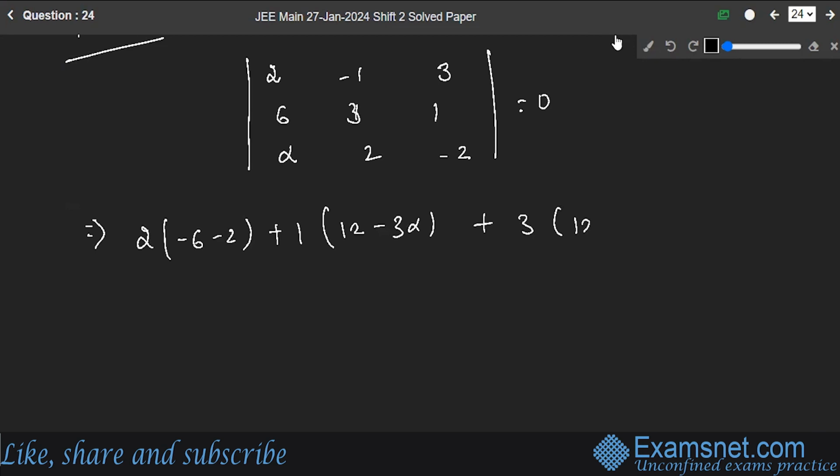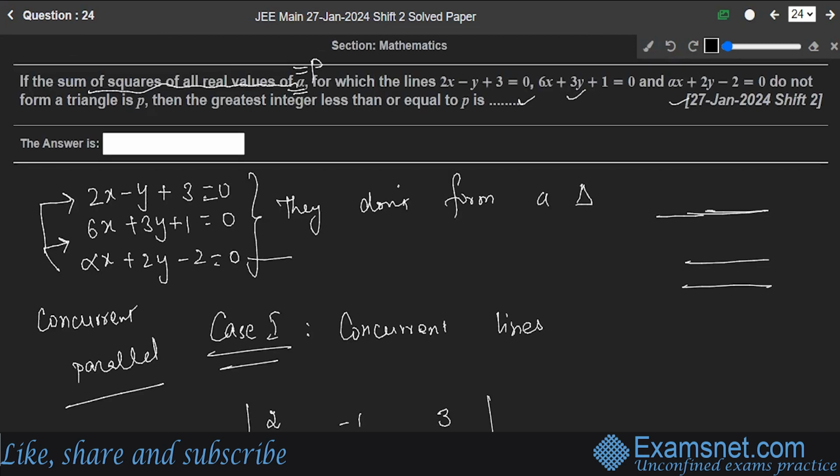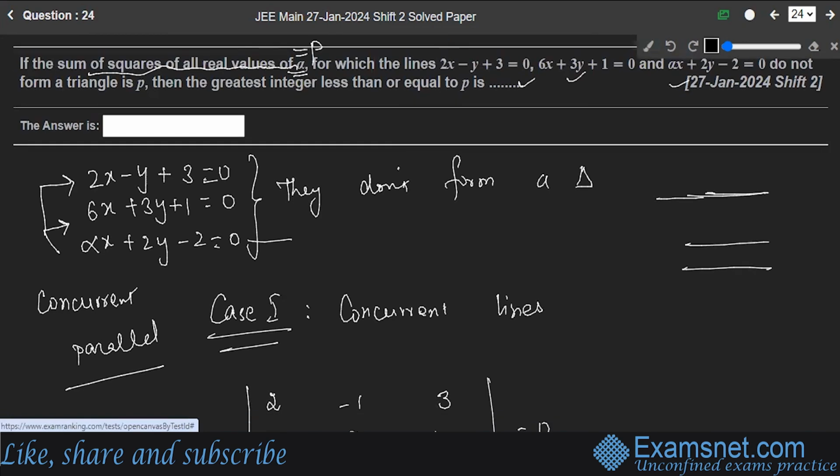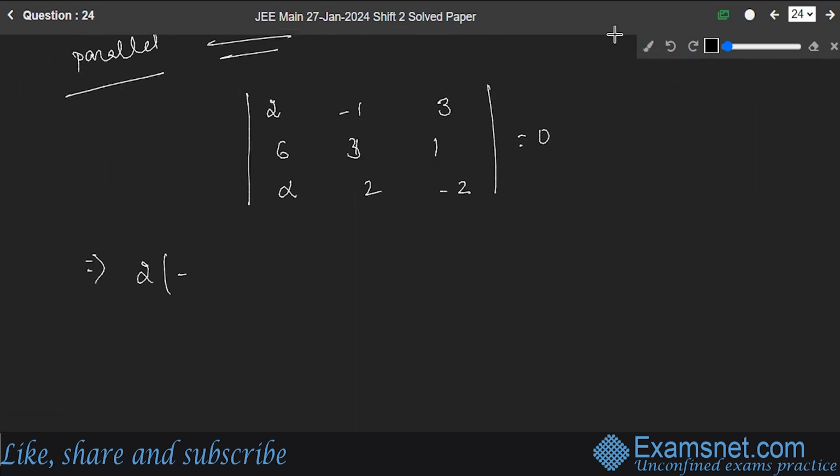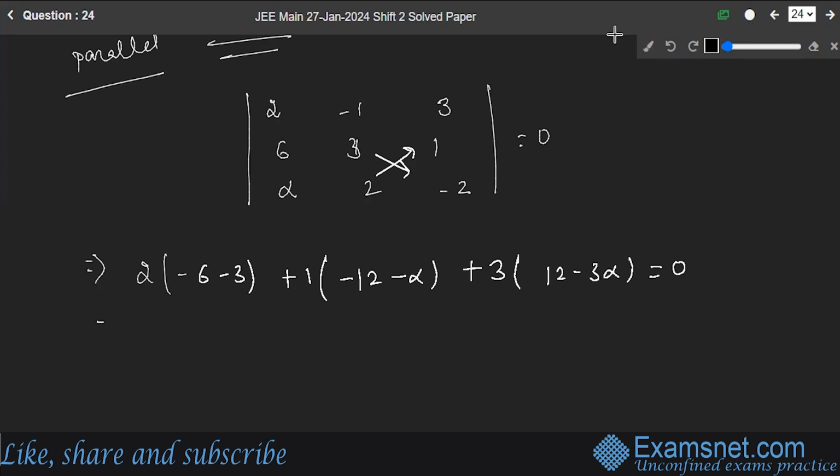No, sorry, I made a mistake. Okay, let's write it again. 2 into minus 6 minus 3, plus 1 into minus 12 minus alpha, and plus 3 into 12 minus 3 alpha is equal to 0.